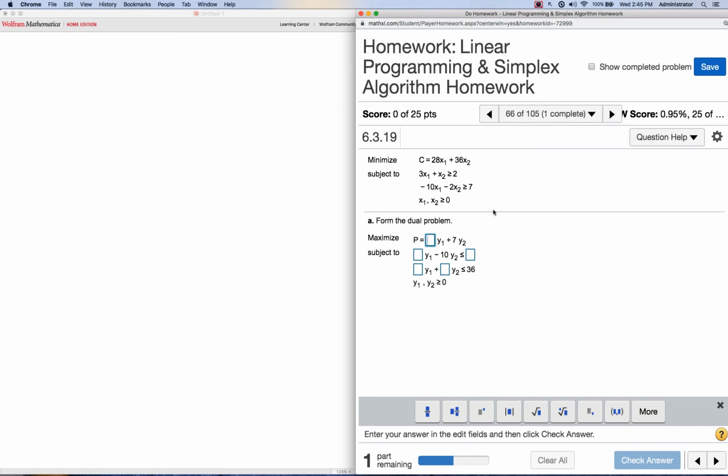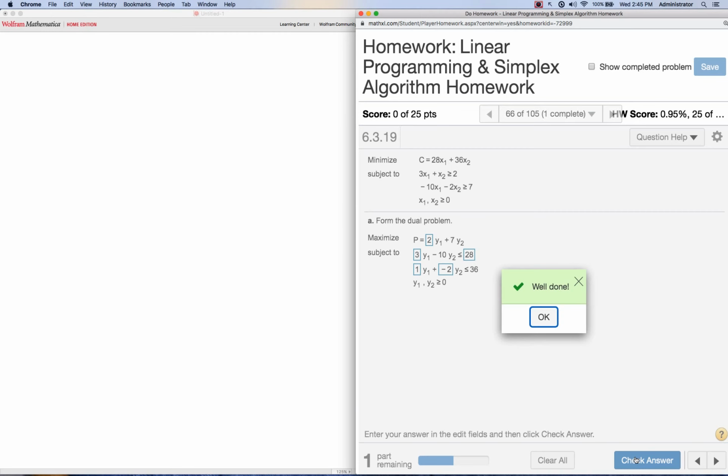Okay, let's see. So that's going to be a 2, and this is going to be 3. Okay, we're reading down the columns, and this is going to be 1, and this is going to be -2. Oh, and this one, let me see, 28.